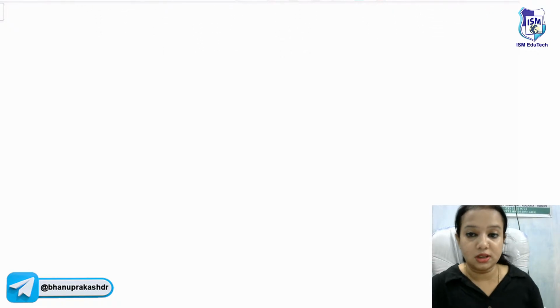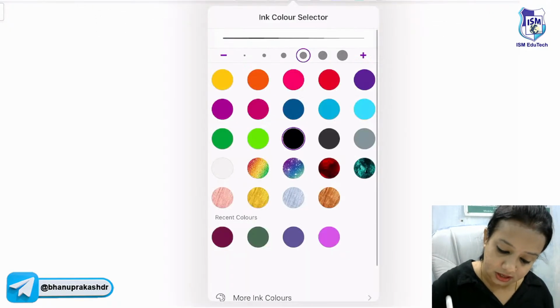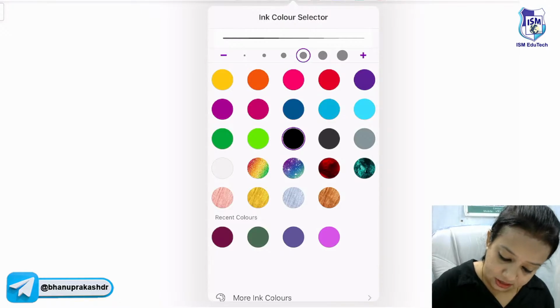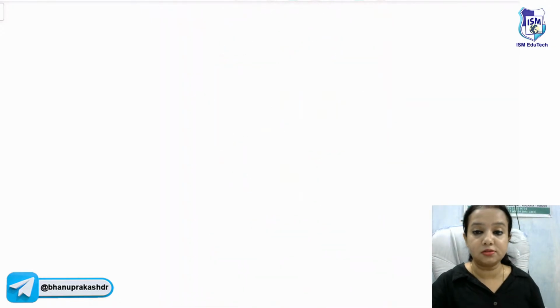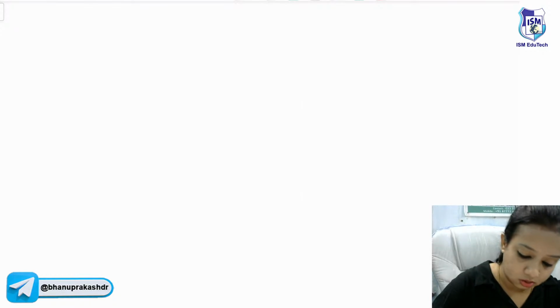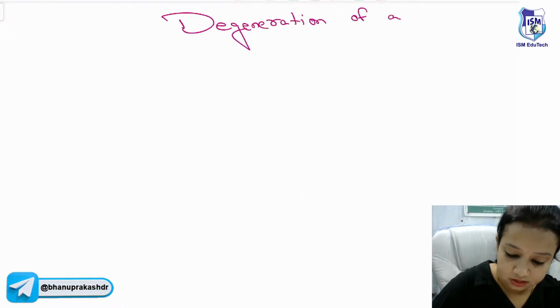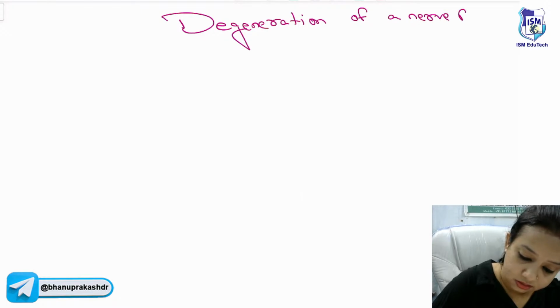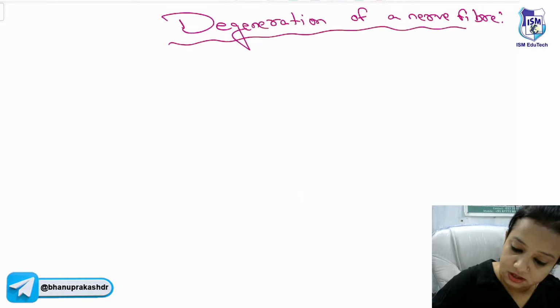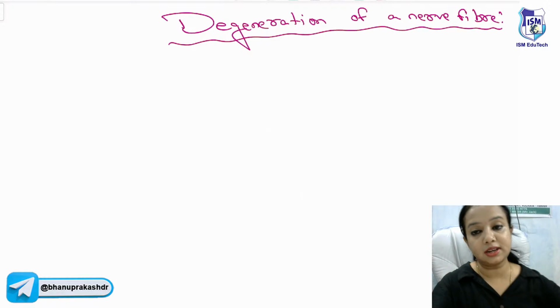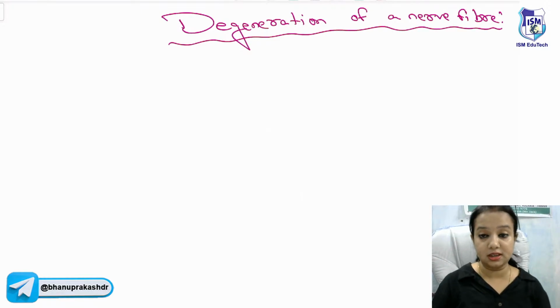Now, coming to the degeneration and regeneration of a nerve fiber. So, first we start with the degeneration of a nerve fiber. Now, degeneration of the nerve fiber, we know what is the criteria for a nerve fiber to get degenerated.